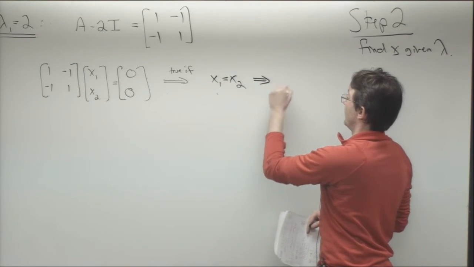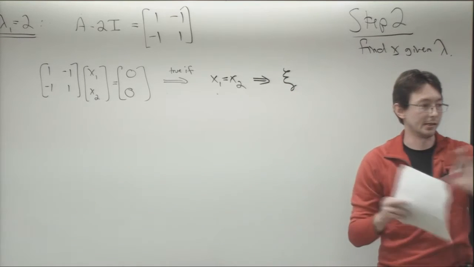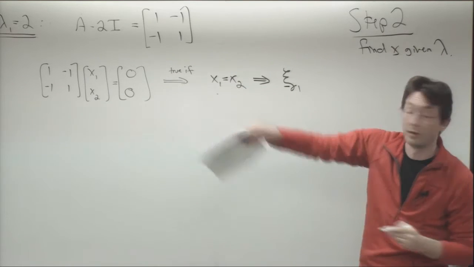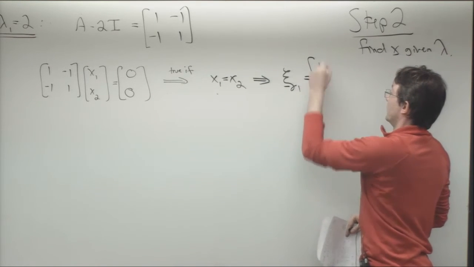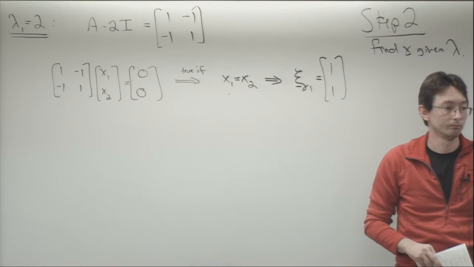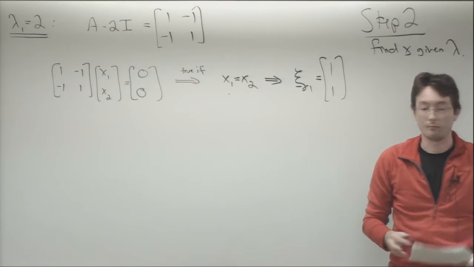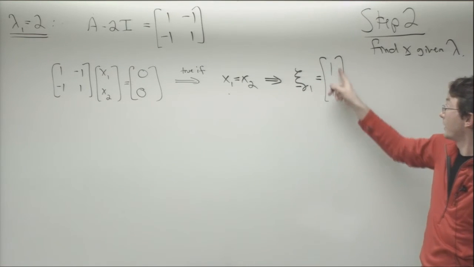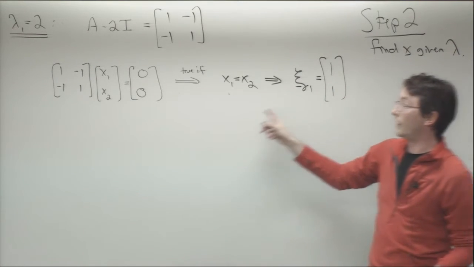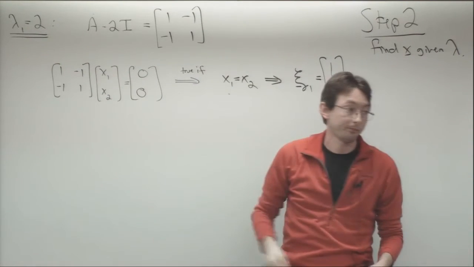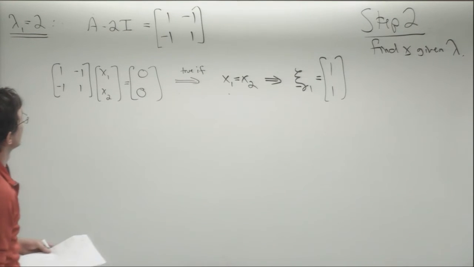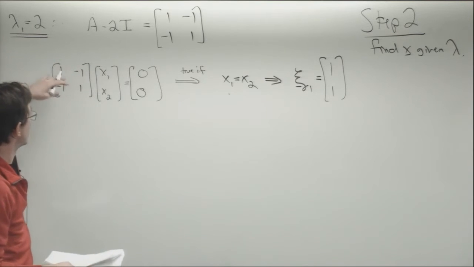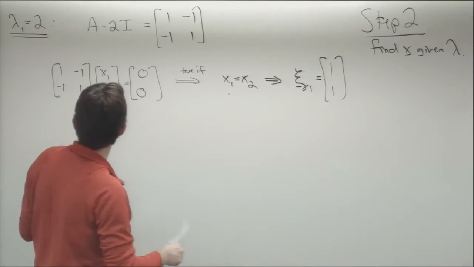And so what that means is that I'm going to call it xi just so that it stands out. This is my special vector, my eigenvector xi1 corresponding to lambda 1 is equal to 1, 1. Right? x1 has to equal x2, and anything that satisfies x1 equals x2 will be an eigenvector for lambda equals 2. I mean, I did this by hand. You could also do factorization and try to figure this out that way.